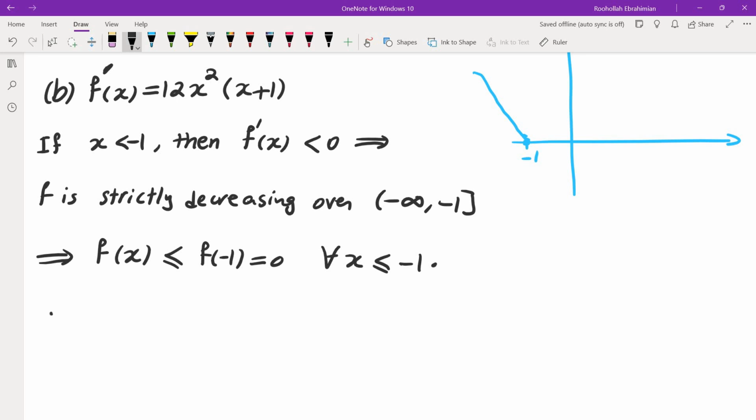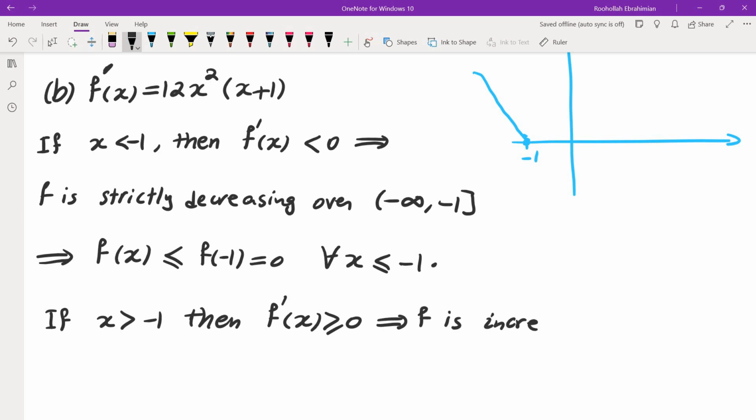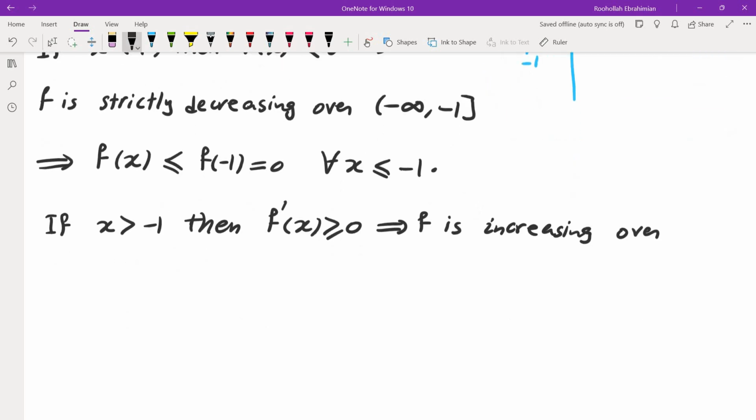After that, f prime of x is going to be positive because 12x squared is positive, or in fact greater than or equal to 0. And x plus 1 is also positive. So f prime of x is greater than or equal to 0. So that means f is increasing over the interval -1 to infinity.